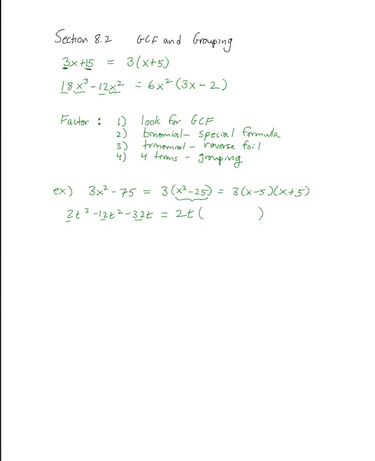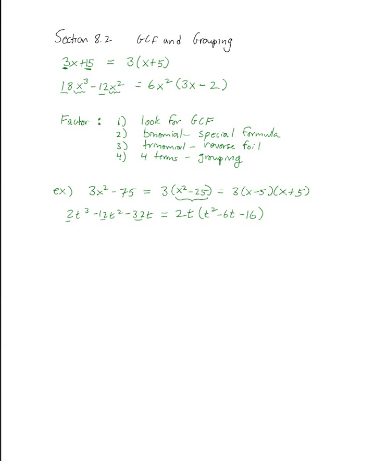All right, now my distributive property. 2t times t squared gives me my 2t cubed. And then 2t times minus 6t will give me my 12t squared. And then I think I need a minus 16, because 2t times minus 16 will give me minus 32.